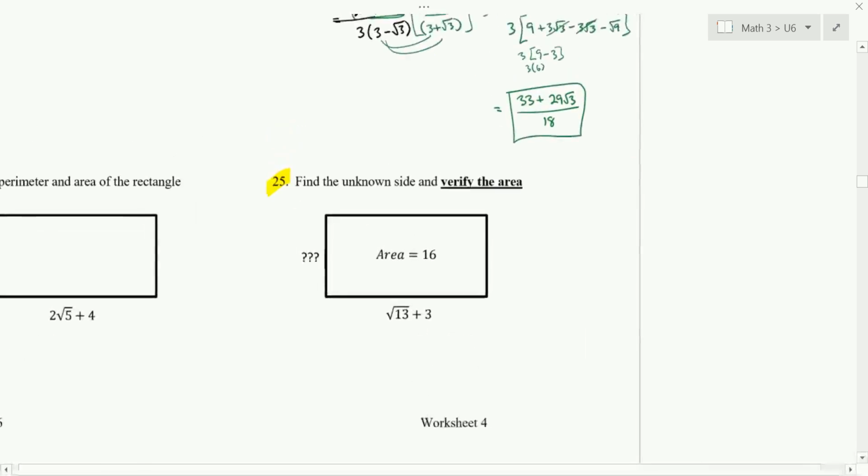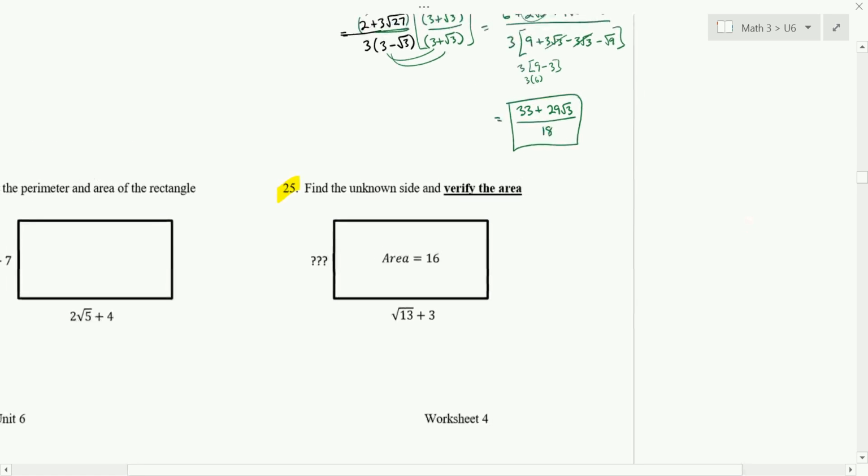We're to find the unknown side and verify the area. So with a rectangle, you multiply length times width to get the area, and so let's let our unknown length be x. So we know that x times square root of 13 plus 3 is equal to the area of 16.